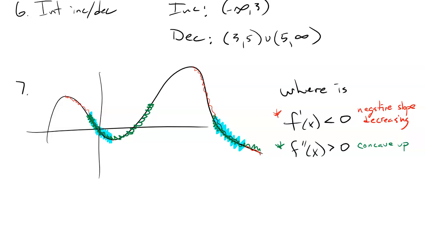So these two sections for this problem satisfy both of those conditions. And so this blue highlighter is what I would give as my final answer, because those two sections are where that's true. That's basically what question 7 is. And obviously I just made a random graph here. I think the one on the test is a more realistic graph.